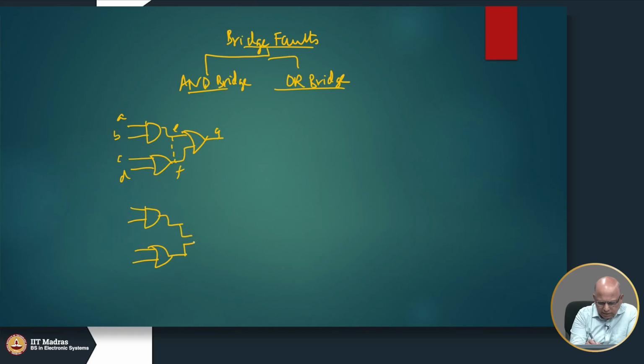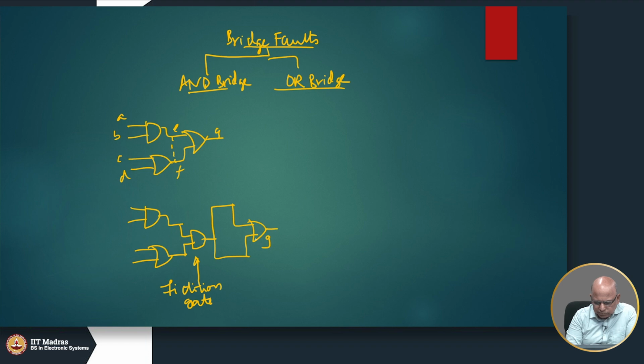So, there is an AND gate, this is a fictitious gate, and this gate will feed both the E and F.